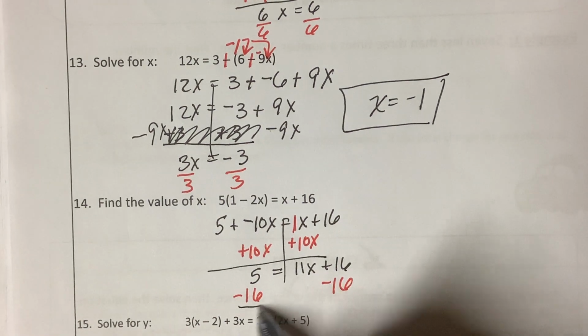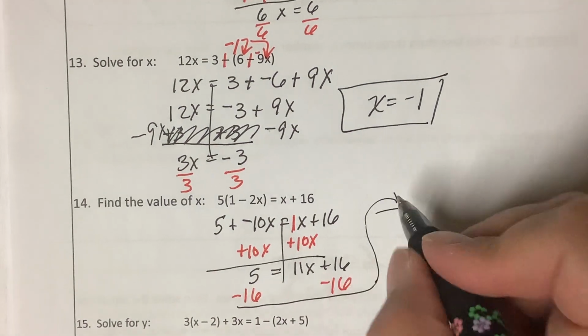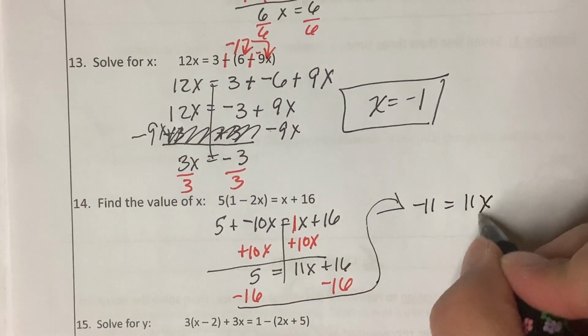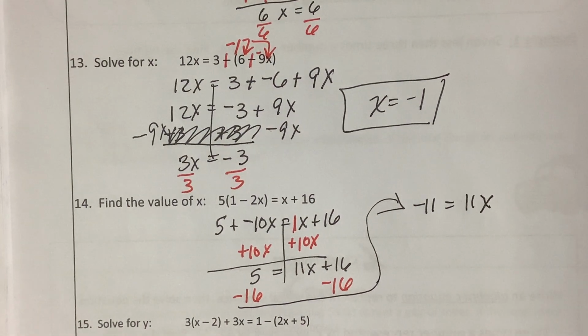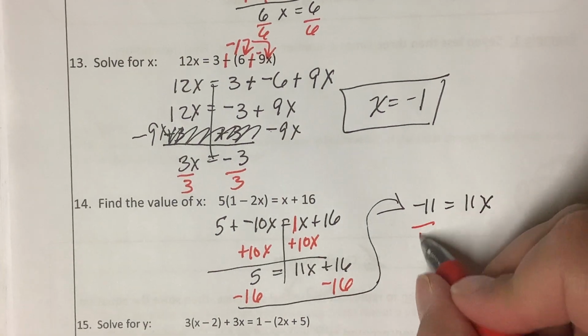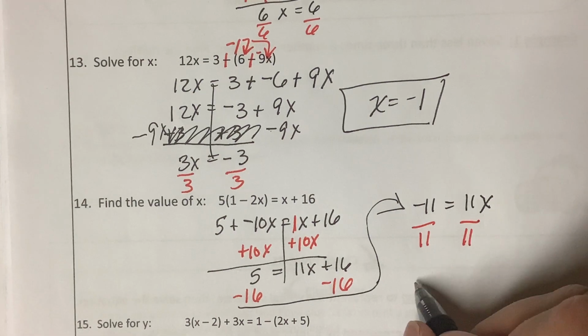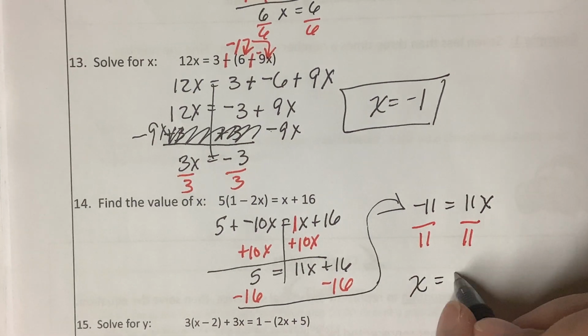And let's see, 5 minus 16 is negative 11, equals 11x. Hey, that's not bad. Divide by 11 on both sides, and x equals negative 1. Huh, that's twice in a row.